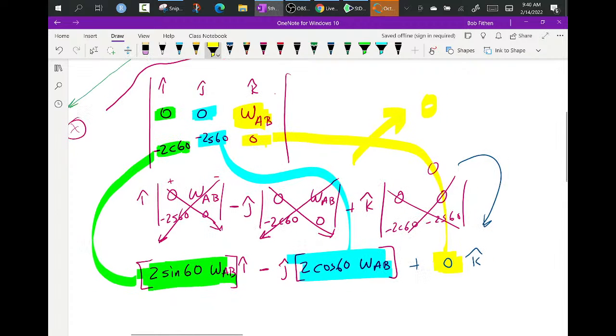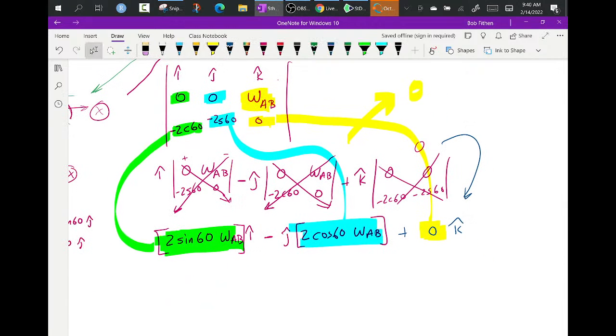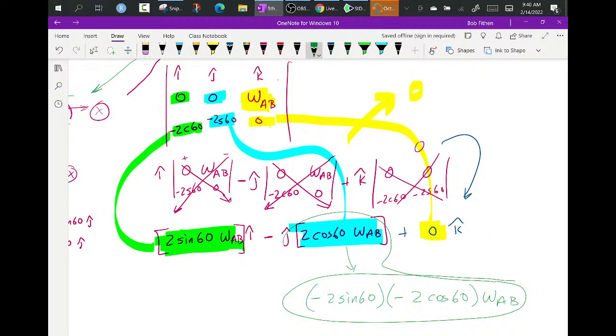So let's look at the one that comes out of the blue here. I'll do the one on top: minus 2 sine of 60 times minus 2 cosine of 60 times omega AB. That is this number times that number.